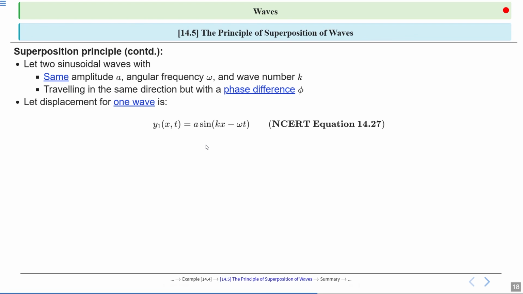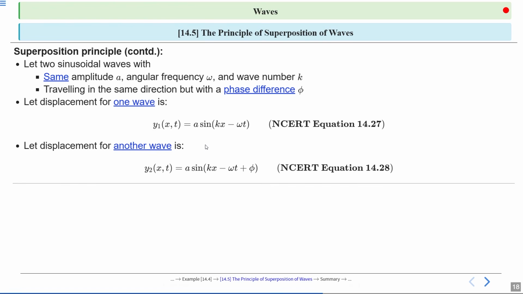So, the equation for displacement of the first wave: we have y1 of x,t is equal to a sine(kx minus omega t). Here y1 is the displacement at position x and time t. This equation shows a wave moving in the positive x direction with amplitude a, wave number k, and angular frequency omega.